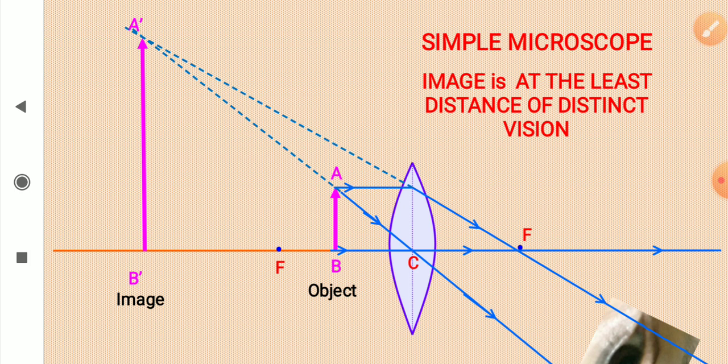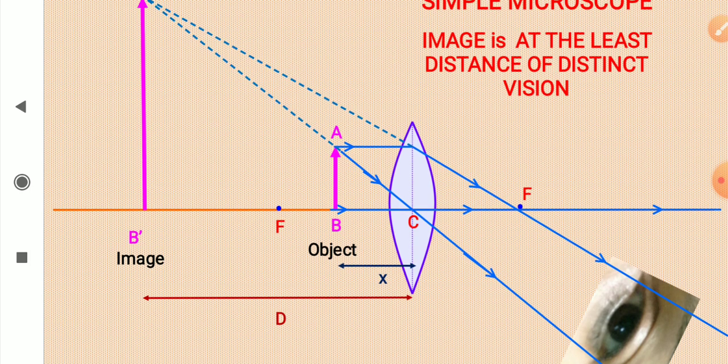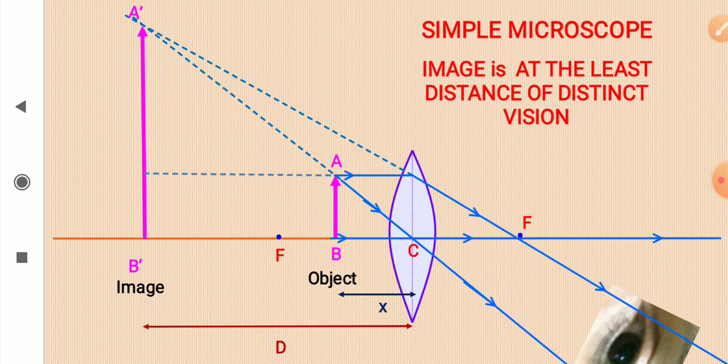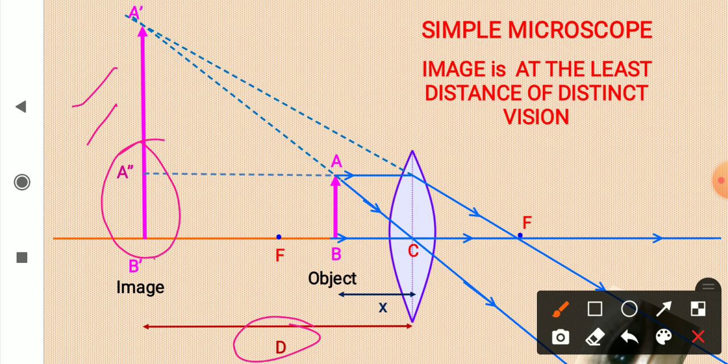So let me complete it first. And here you see the object distance taken as x, image distance is D, and we need to make some constructions here to define magnification. So what I did is, at this point only, at distance D, at the place of the image, I have taken a height A double dash B dash which is equal to the size of the object.